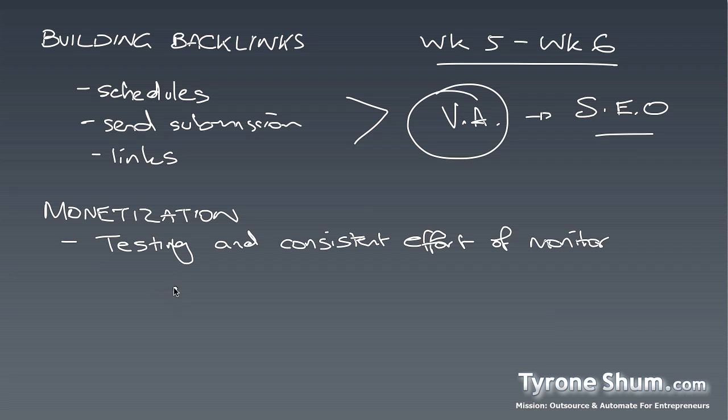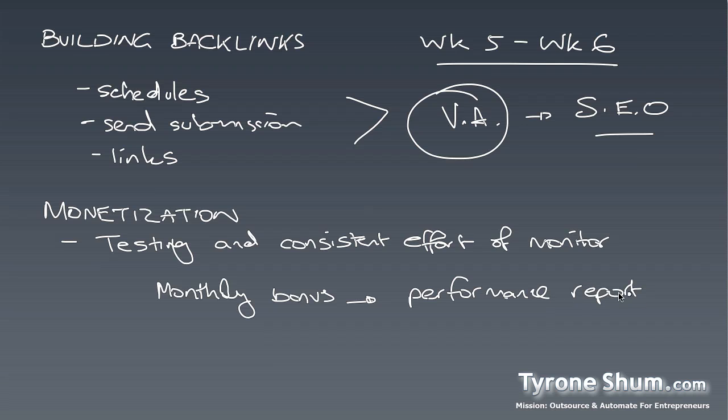So what I get to do is I provide incentives. There might be like a monthly bonus for every time she generates income for a niche site. And we can obviously do that by using a performance report. Through that performance report, she'll be able to tell me, okay, this site has increased by this amount this month.